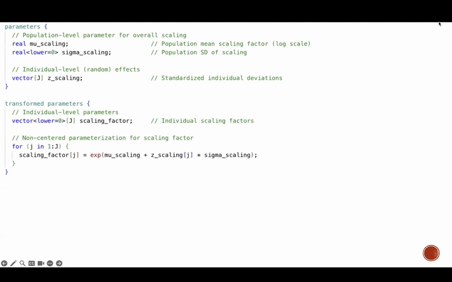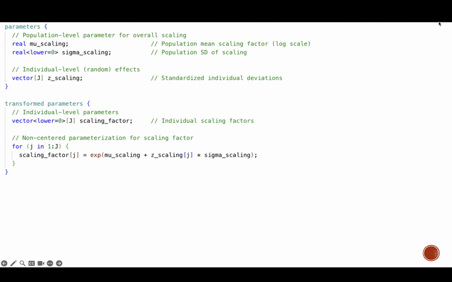Then we have the transformed parameters. The individual scaling factor is given for each of the participants by the population mean plus the individual variation of that participant, on a normal distribution centered at 0 with a standard deviation of 1, multiplied by the sigma.